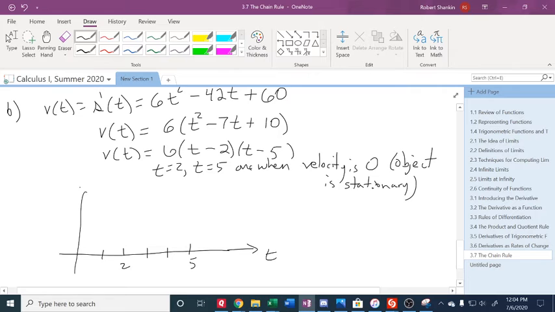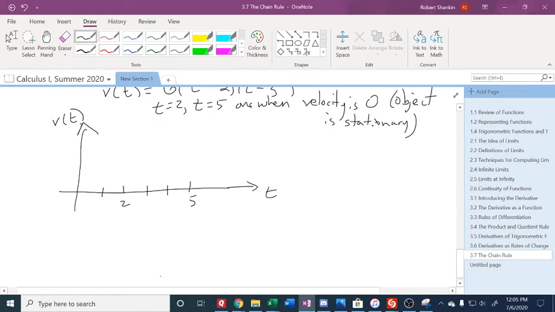T and v of t, and it's going to be some upward parabola, like this.